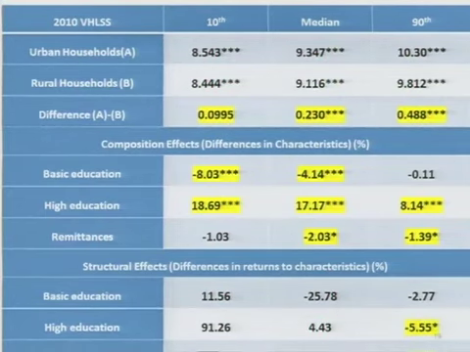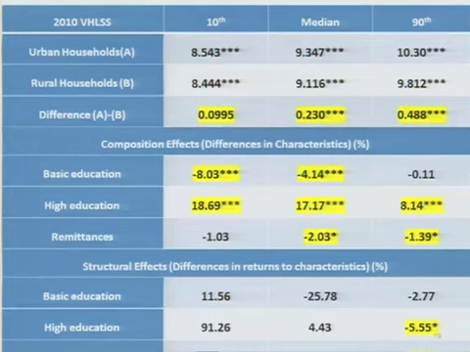What we found, though this is not shown in this slide, is that rural and urban disparity in terms of household expenditure has reduced from 2008 to 2012 in Vietnam.